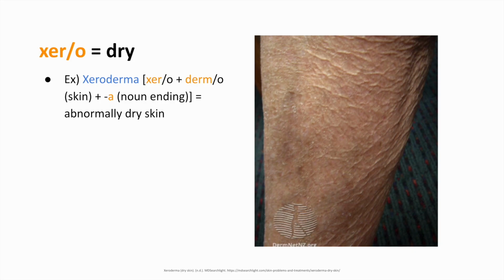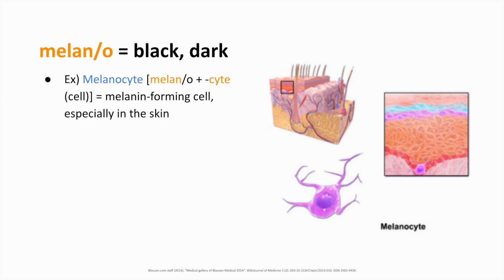Melano is a combining form that means black or dark. So one example is melanocyte: melano plus cyte, a suffix that means cell. So melanocytes are melanin-forming cells, and those are mostly in the skin.